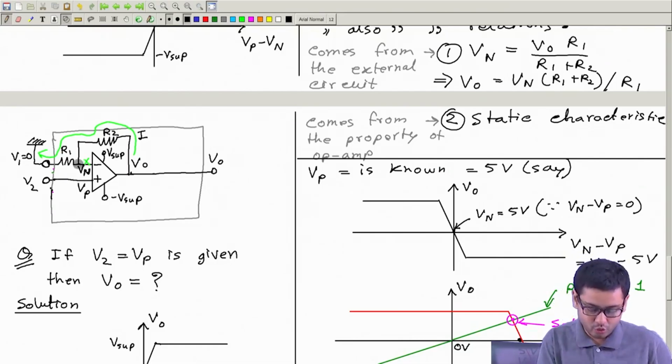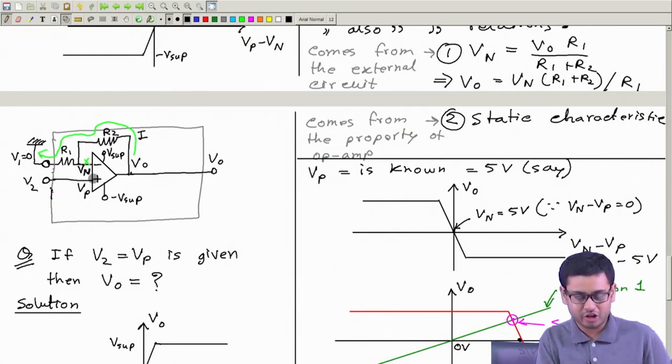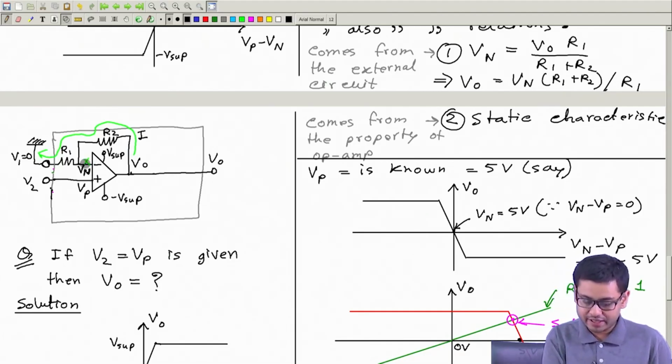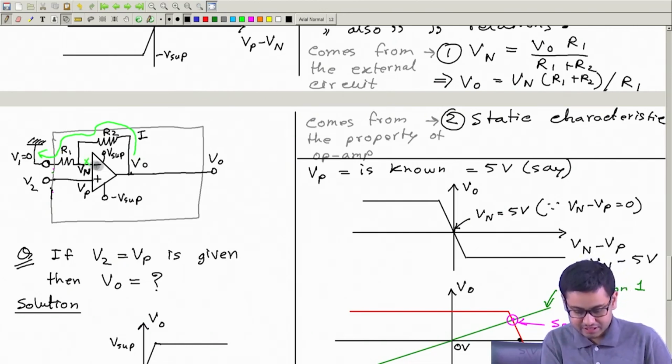Okay, so there is no actual shorting between Vn and Vp, not even through the inside, I mean logically nothing there inside the op amp, because ideally no current goes like this or this, because here the current is 0, here the current is 0.